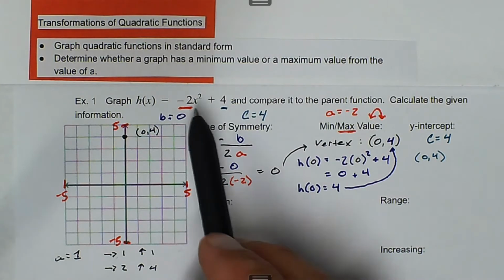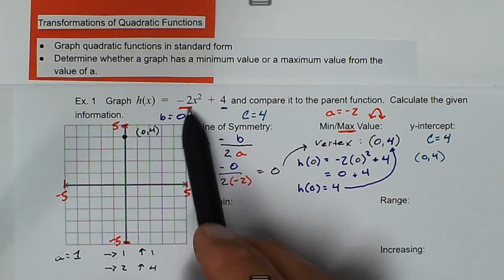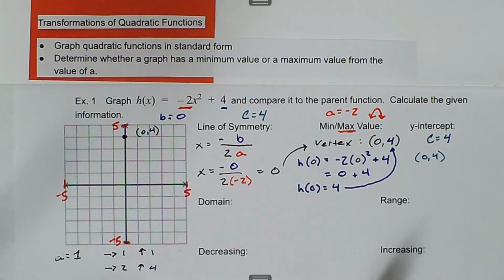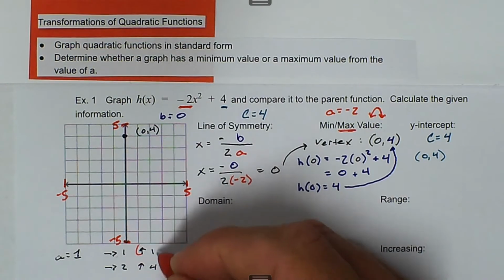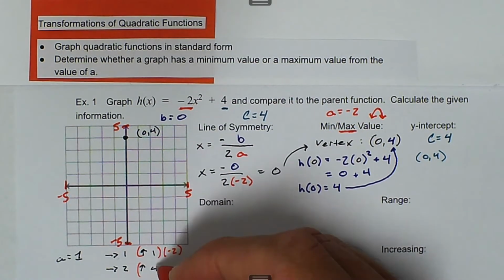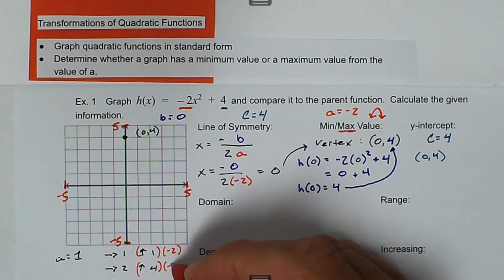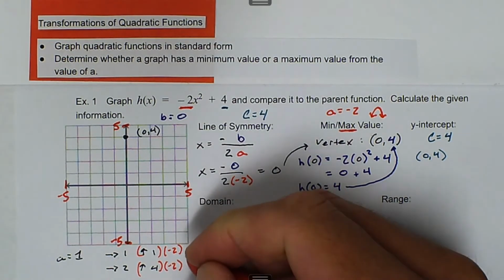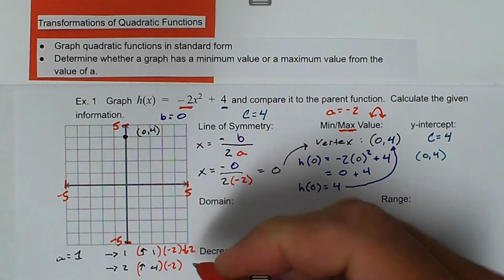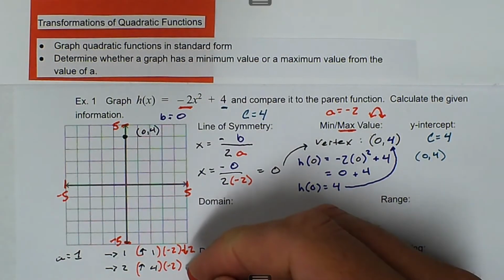Now, for this function, we're going to scale it by a factor of -2. So we're going to take whatever the y direction was, and we're going to multiply by -2. And so instead of going up 1, I'm going to go down 2. Instead of going up 4, I'm going to go down 8.